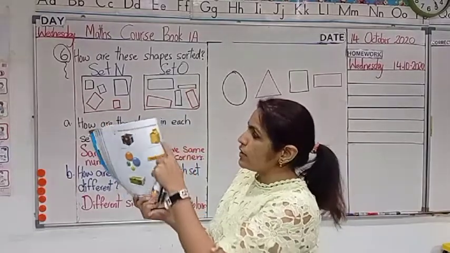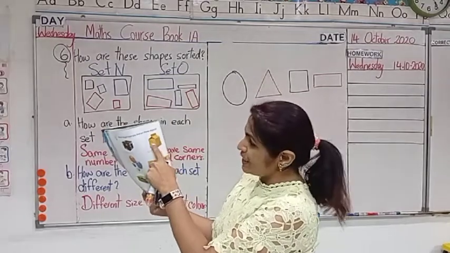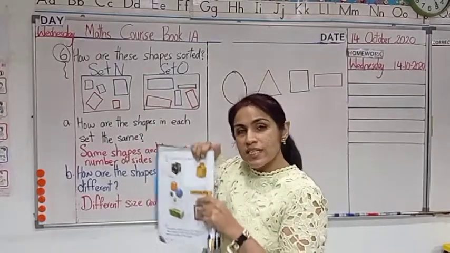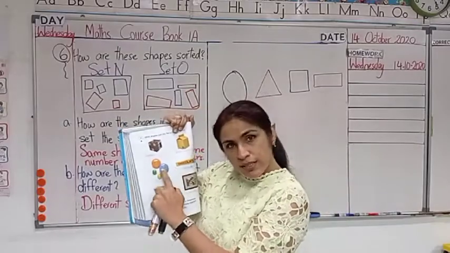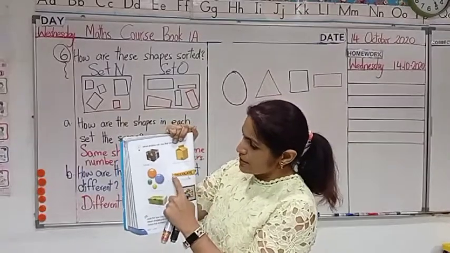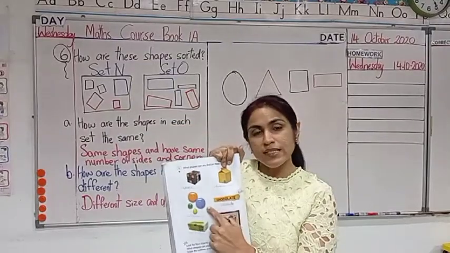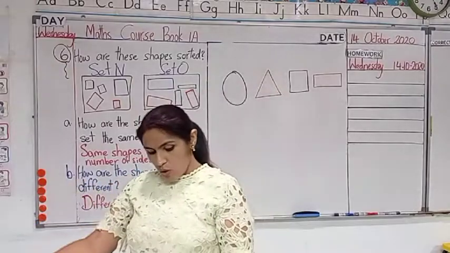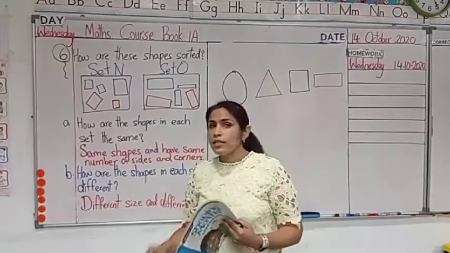Now on top is a triangle, here is a green circle, and this is a square. So there are three different shapes you can see in this milk carton. Whereas these buttons are all circles but different size and different color. This chocolate is a rectangle, but at the corners it is the shape of a triangle. So you need to draw a line and write what kind of shape you see in it. Then do not upload this page.